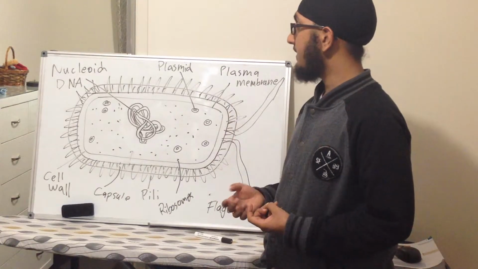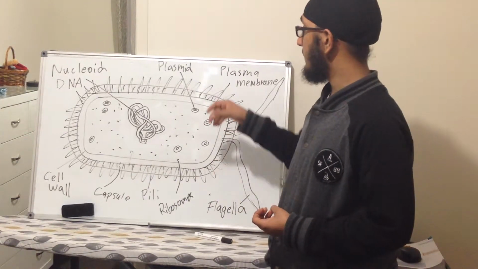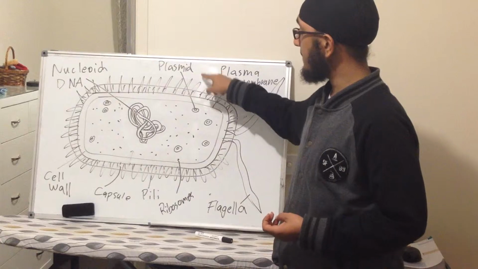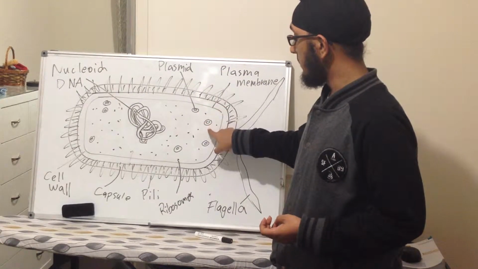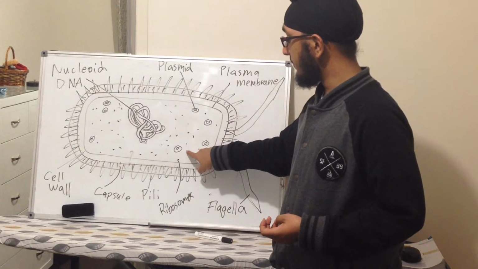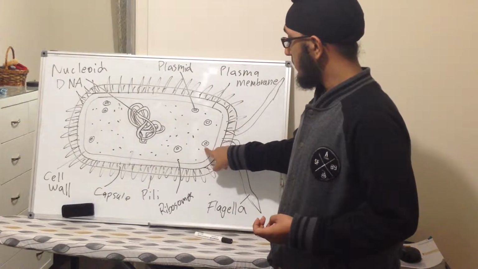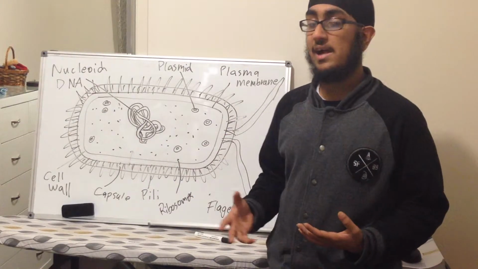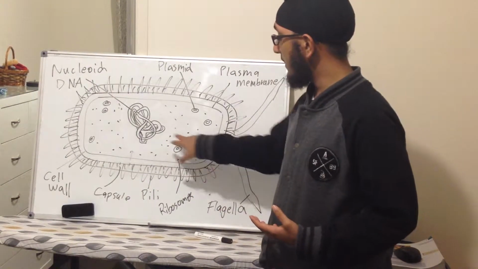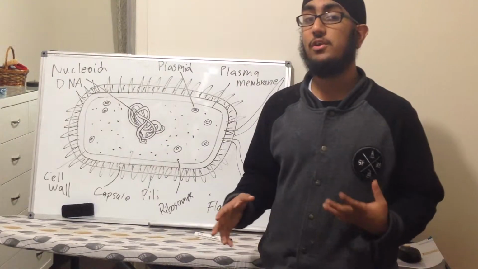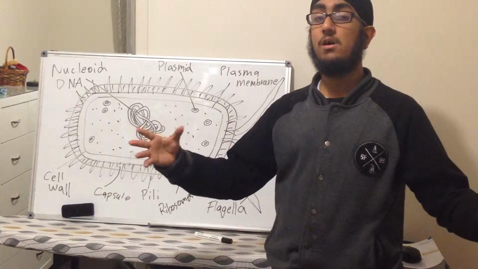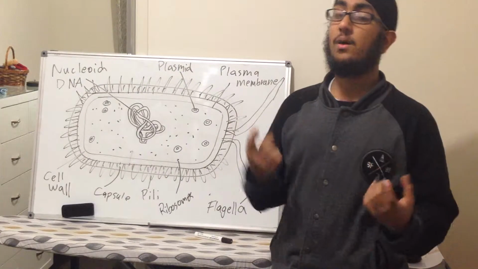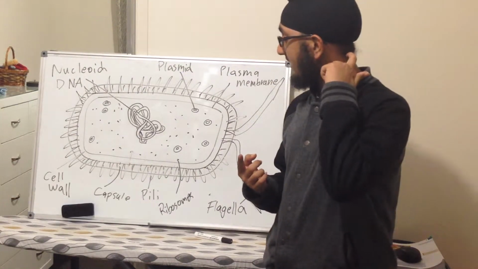And the other type of DNA, as I said, is the plasmid DNA. It's this small circular structure. Well, not only plasmids are circular, they just look circular, but even the nuclear DNA is circular. They're very, very long, so they have to be coiled around, but they're one single loop of DNA.